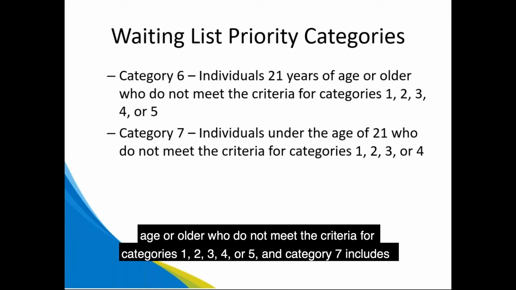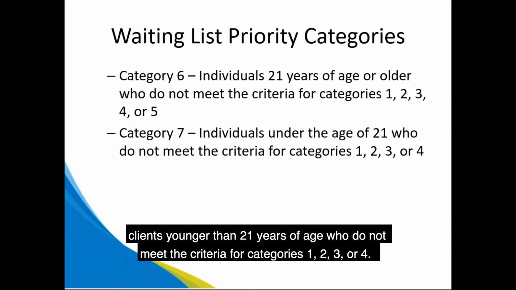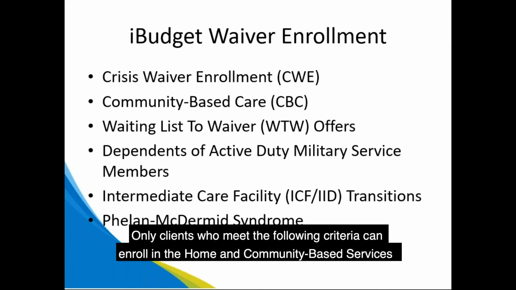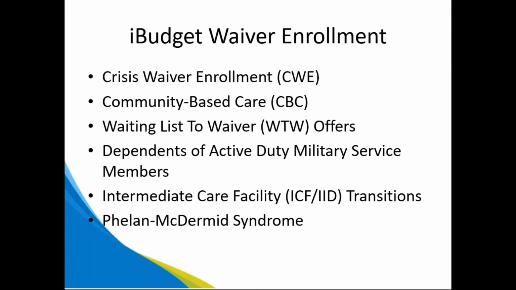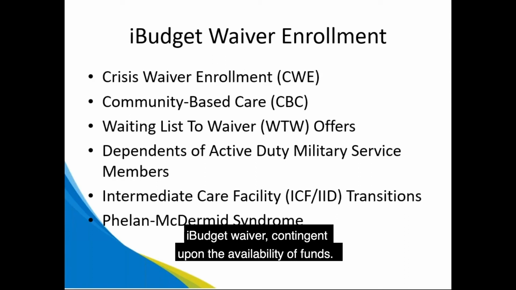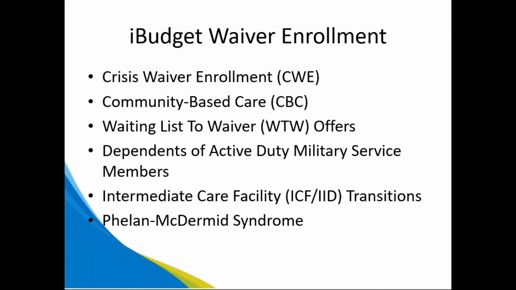And Category 7 includes clients younger than 21 years of age who do not meet the criteria for categories 1, 2, 3, or 4. Only clients who meet the following criteria can enroll in the Home and Community-Based Services iBudget waiver, contingent upon the availability of funds.